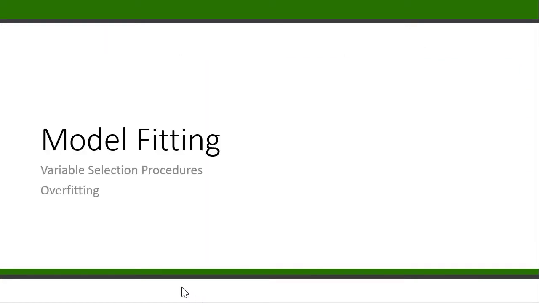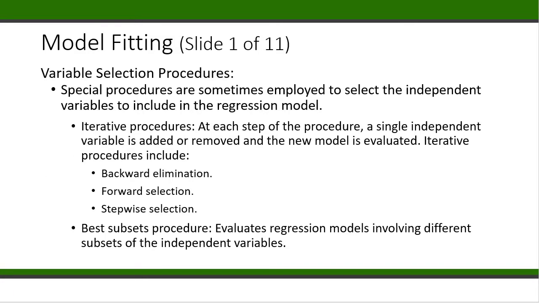So the next thing I want to talk about is some model fitting. In there we'll talk about how do you know which variables to pick, and then what is overfitting. So what you want to do in your variable selection for your model is pick things that you think are going to be able to help you predict what it is you're trying to model.